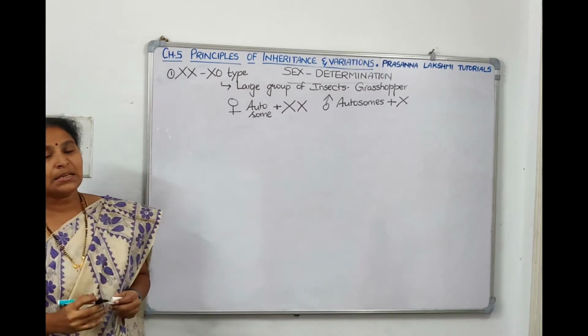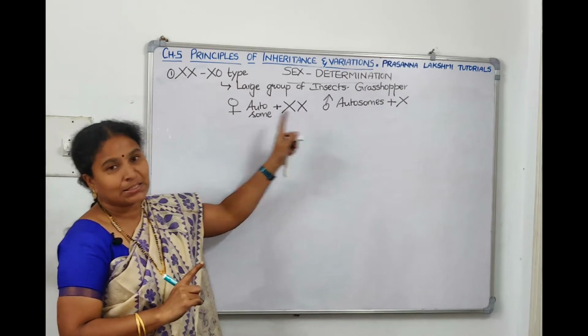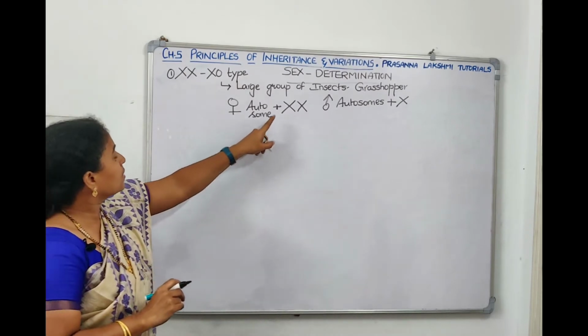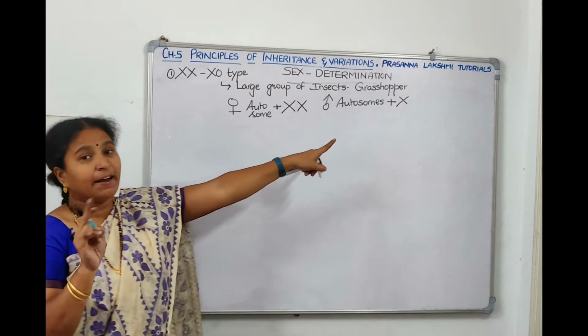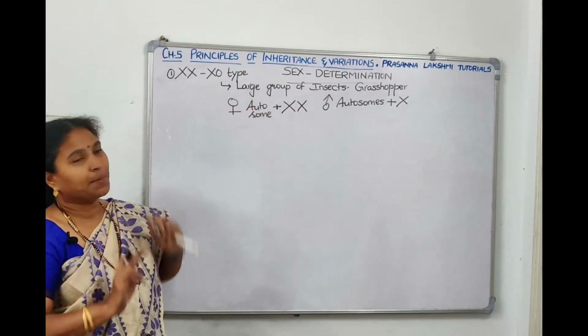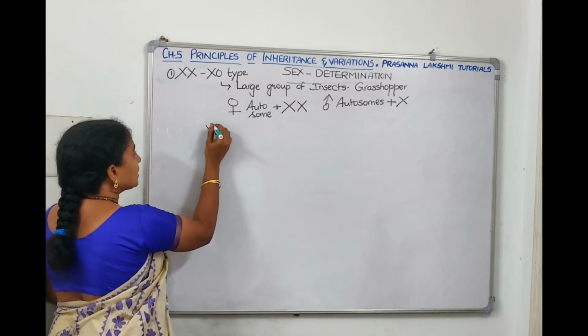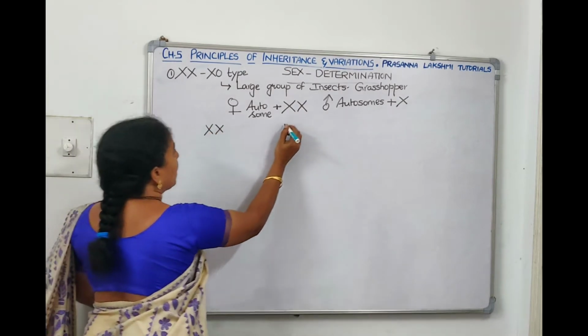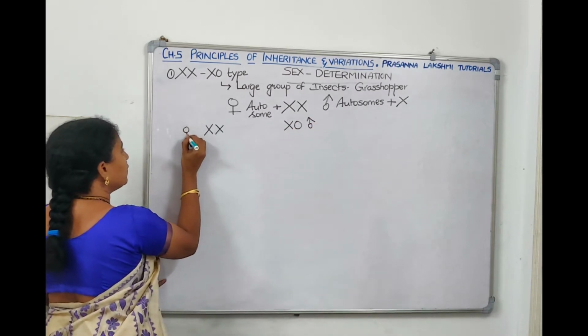That's why we call the sex determination X and 0. Only one X is there, additional X is not there. So the female has XX condition, the male will have X0 condition. This is the male symbol and this is the female symbol.